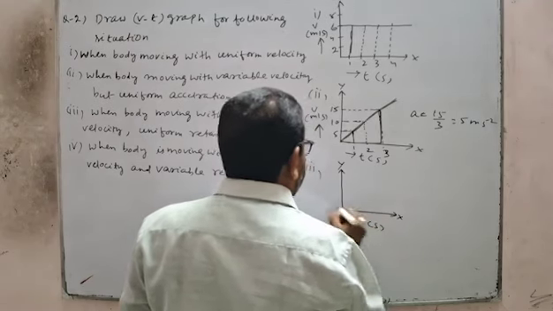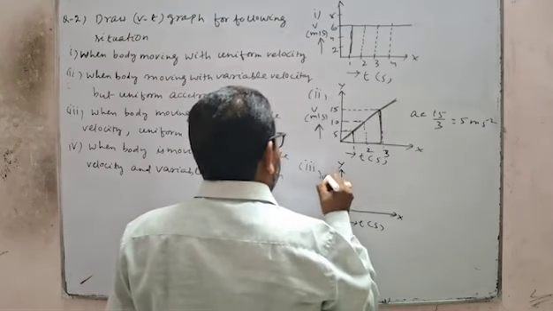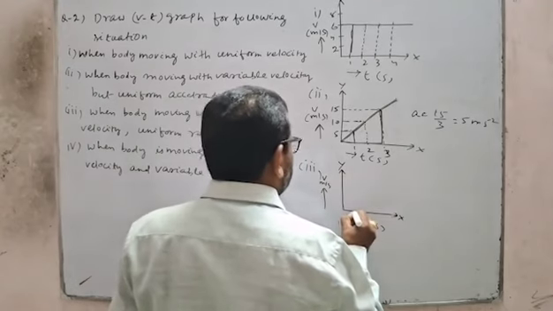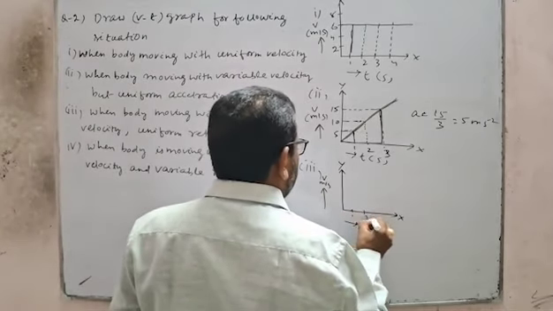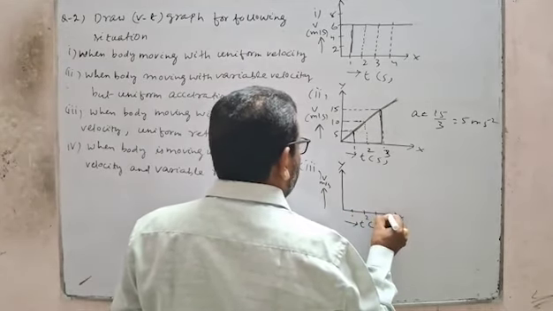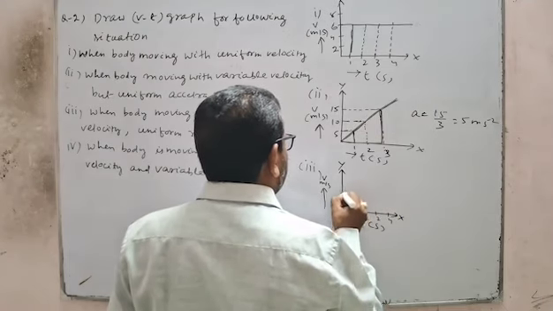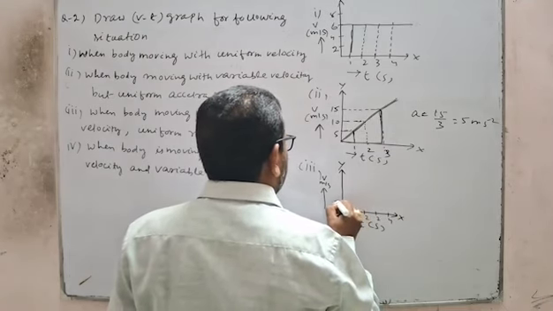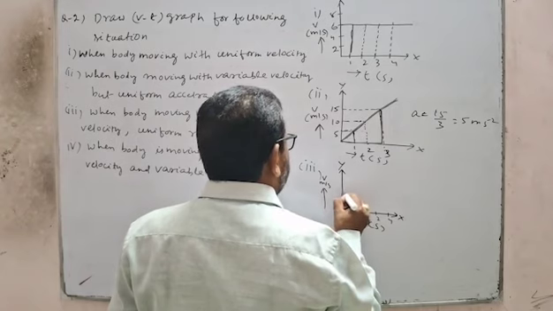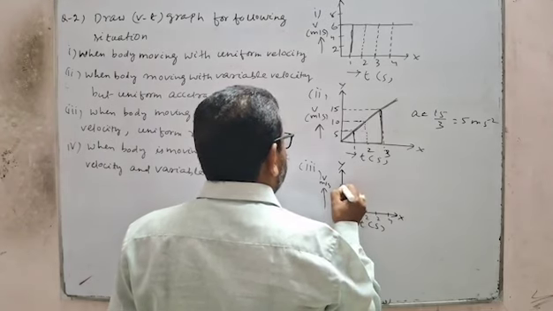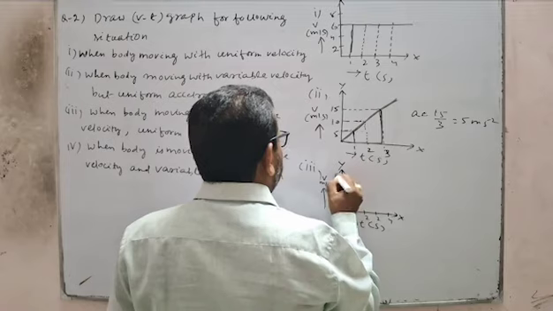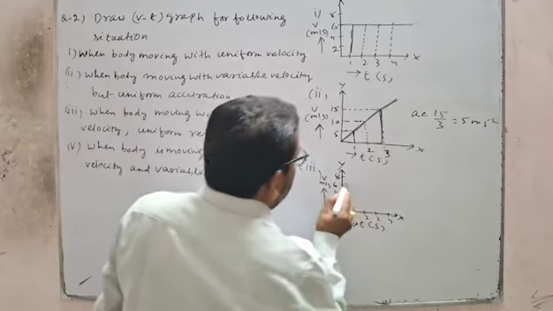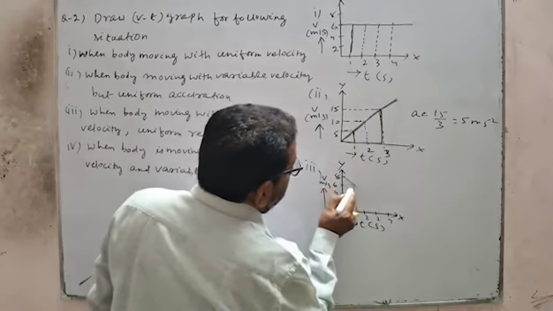Here time along the x-axis in seconds and velocity in meter per second. 1 second, 2 second, 3 second, 4 second. 2 meter per second, 4 meter per second, 6 meter per second, 8 meter per second. And the graph will be like this.